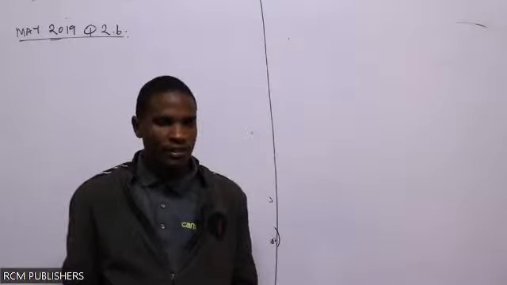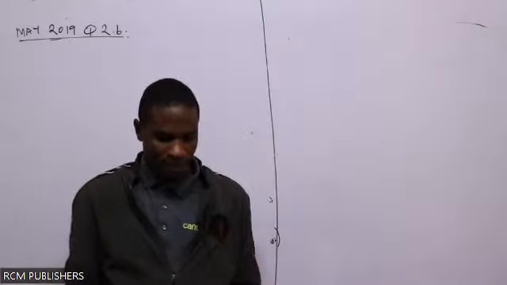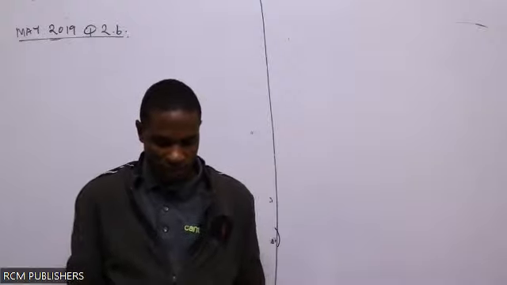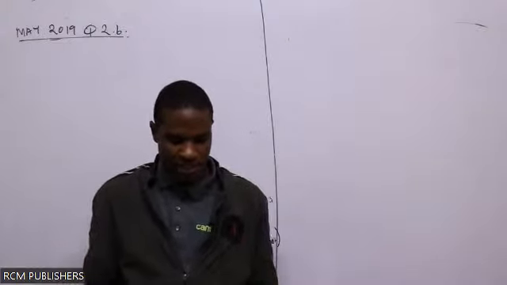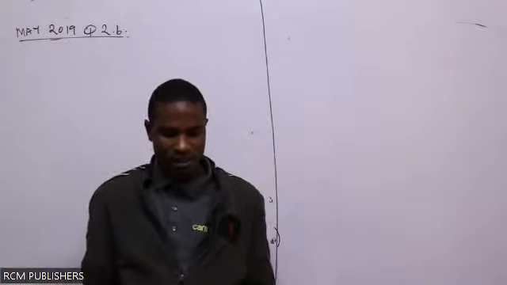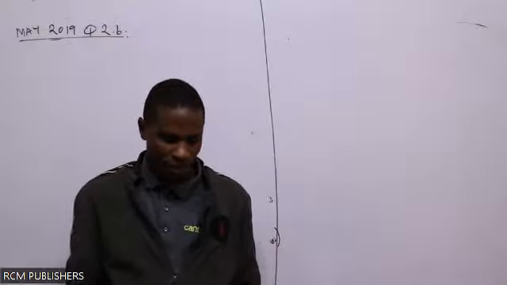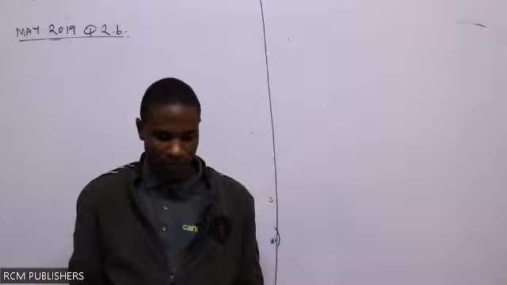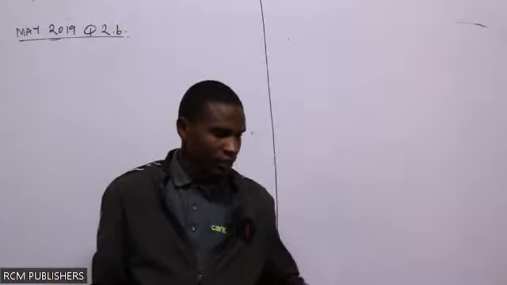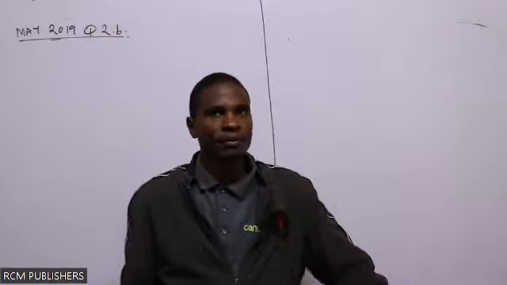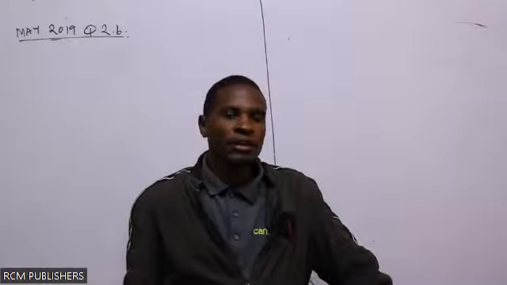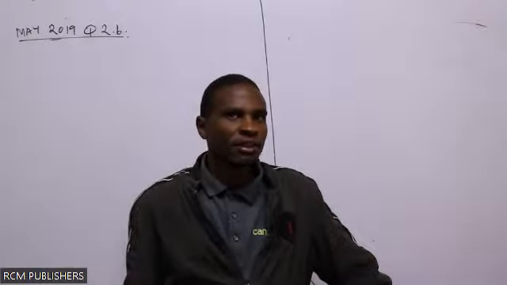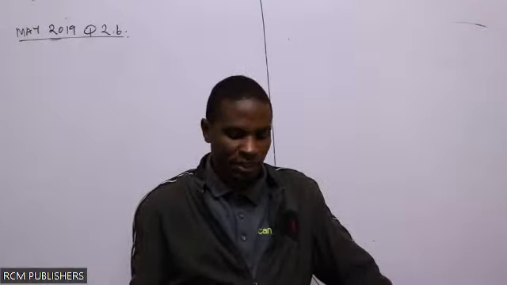The question reads: the management of Amani Limited is considering listing at the Security Exchange and intends to undertake valuation of its shares. The following information is provided. The current earning per share, dividend per share, these terms you should understand very well, very, very important.